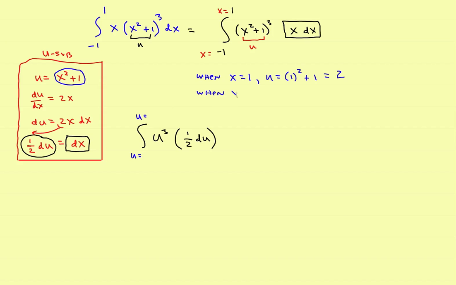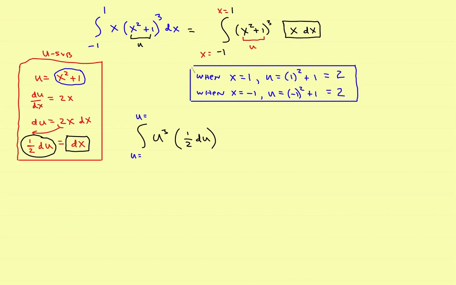When x is equal to a -1, then u is equal to, plug in a -1 squared plus 1, which is also equal to 2. So there are my limits, the new limits in terms of u. So there's where you change the limits.